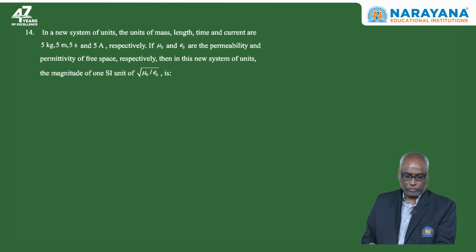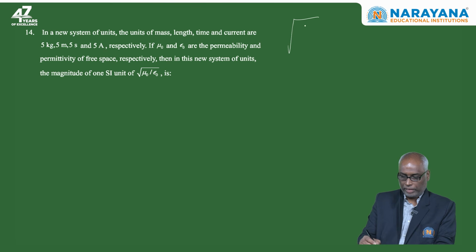In a new system of units, the units of mass, length, time and current are 5 kg, 5 meter, 5 seconds and 5 amperes respectively. If mu naught and epsilon naught are the permeability and permittivity of free space respectively, then in the new system of units, the magnitude of the SI unit of root mu naught by epsilon naught is dash.